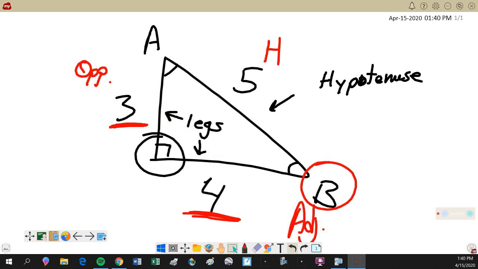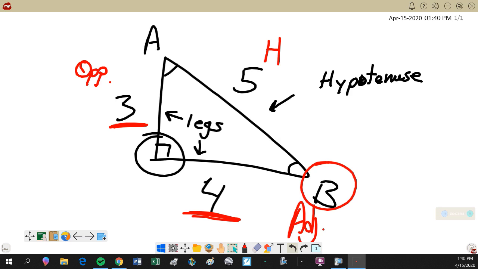So the opposite and the adjacent are dependent upon which angle you choose. If you choose angle B, then 3 is the opposite. If you choose angle A, then 4 is the opposite. And now you want to know, which angle do you pick? Well, the problem will tell you most of the time which angle to pick. And if they don't tell you, then it doesn't really matter.